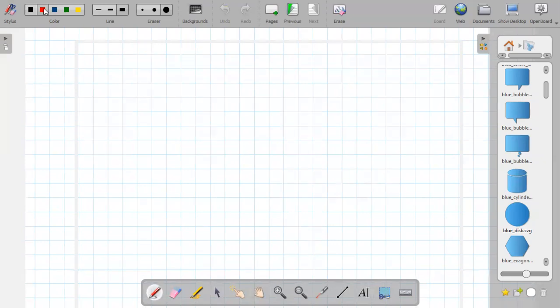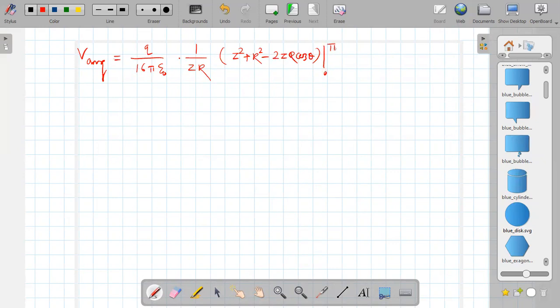that is V average is equal to q upon 16 pi epsilon 0 into 1 upon zr into z square plus r square minus 2 zr cos theta from 0 to pi.